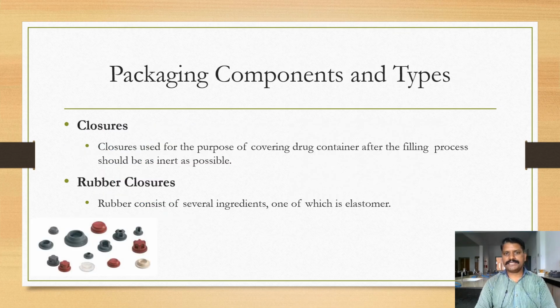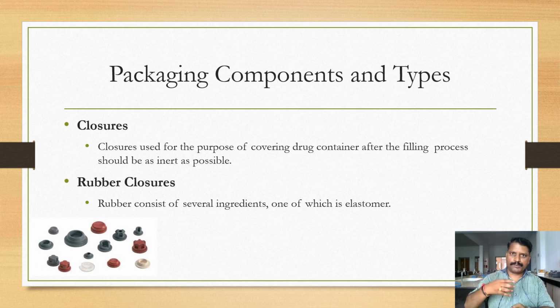Then packaging components and their types, generally closures and rubber closures. The closure used for covering the drug container after the filling process should be as inert as possible. Closure: inert. It should be as inert as possible. Why?